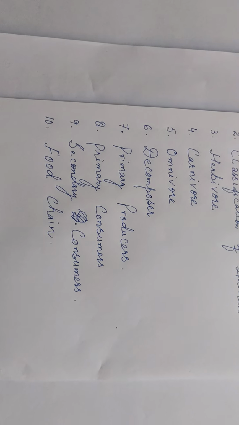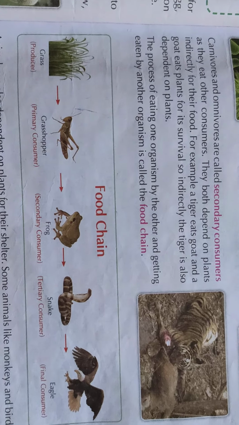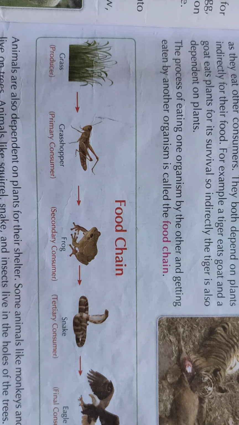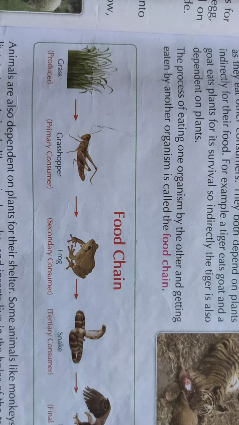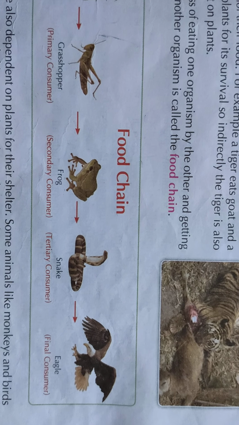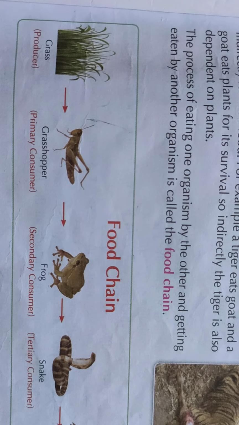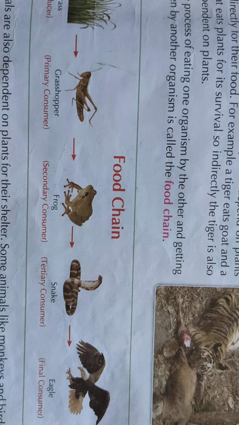As an example of a food chain, which is also our subtopic, I will show you a picture, in which grass is a producer, grasshopper is a primary consumer, frog is a secondary consumer, snake is a tertiary consumer, and finally the eagle is the final consumer. So this food chain goes from grass to grasshopper, frog, snake and ultimately to eagle.